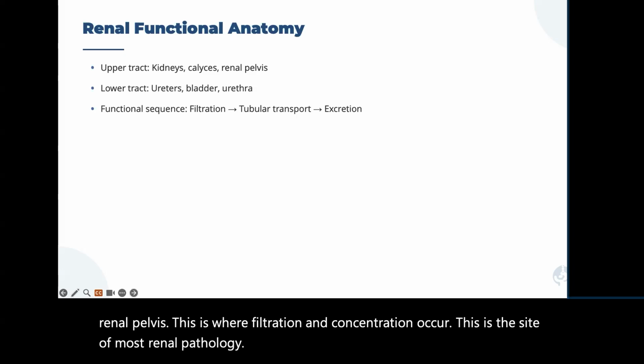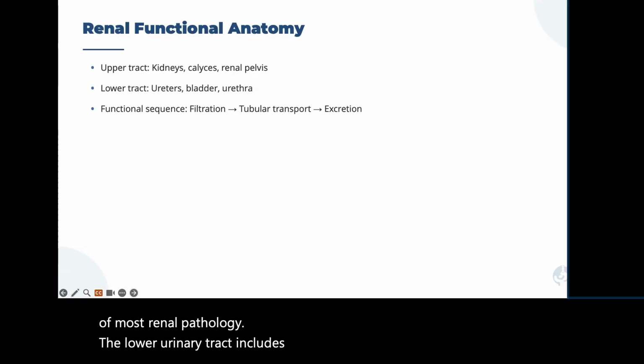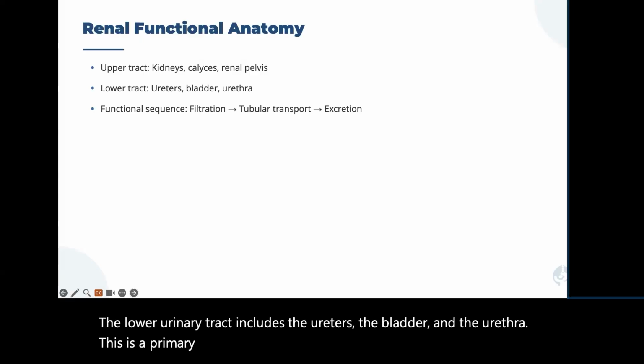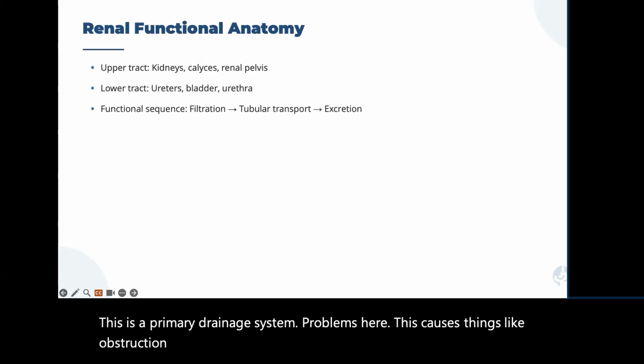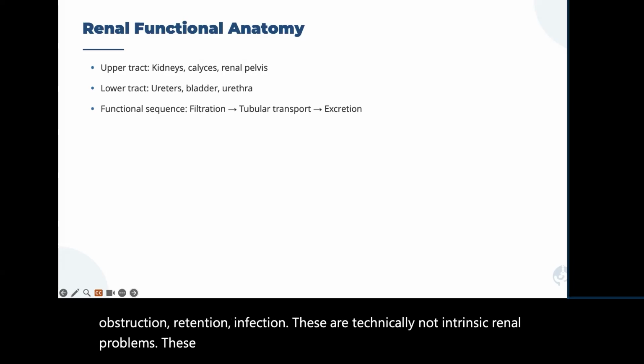The lower urinary tract includes the ureters, the bladder, and the urethra. This is the primary drainage system. Problems here cause things like obstruction, retention, infection. These are technically not intrinsic renal problems. These are postrenal occurrences and situations.